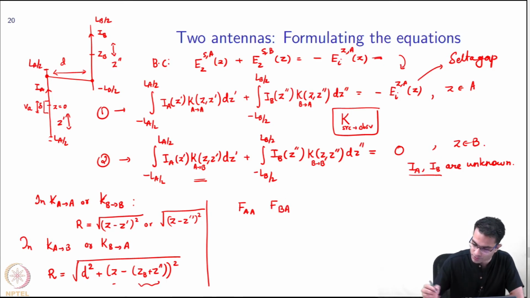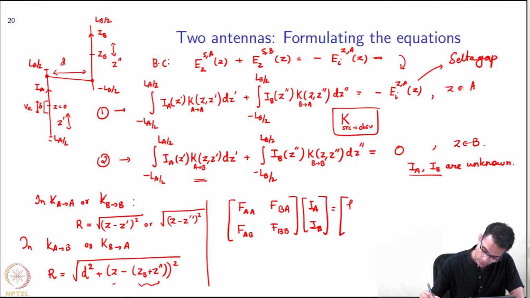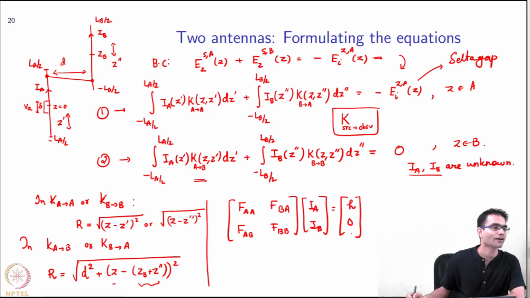BA makes sense because source to observation, then FAB, FBB. Once you calculate all the matrix integrals, IA, IB is equal to H and 0. This is after the MOM procedure has been carried out.